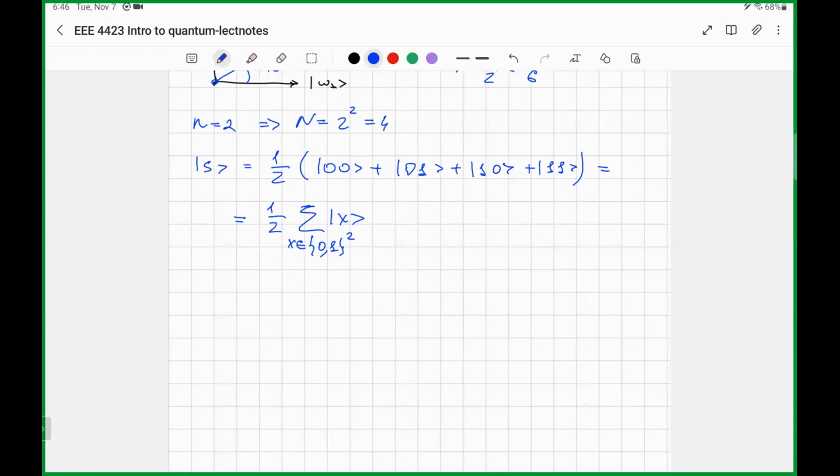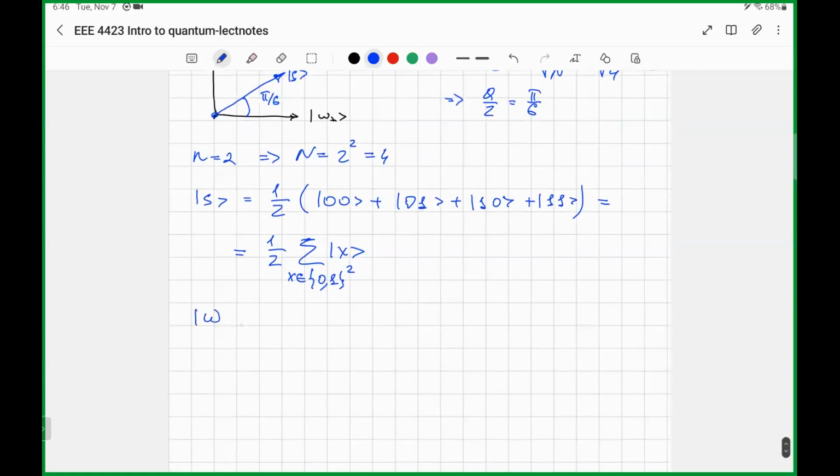What is the orthogonal vector omega orthogonal? As we know, we need to subtract the vector omega from the vector s. At this point, let's say that we are searching for the state omega, which is, for example, state 11.